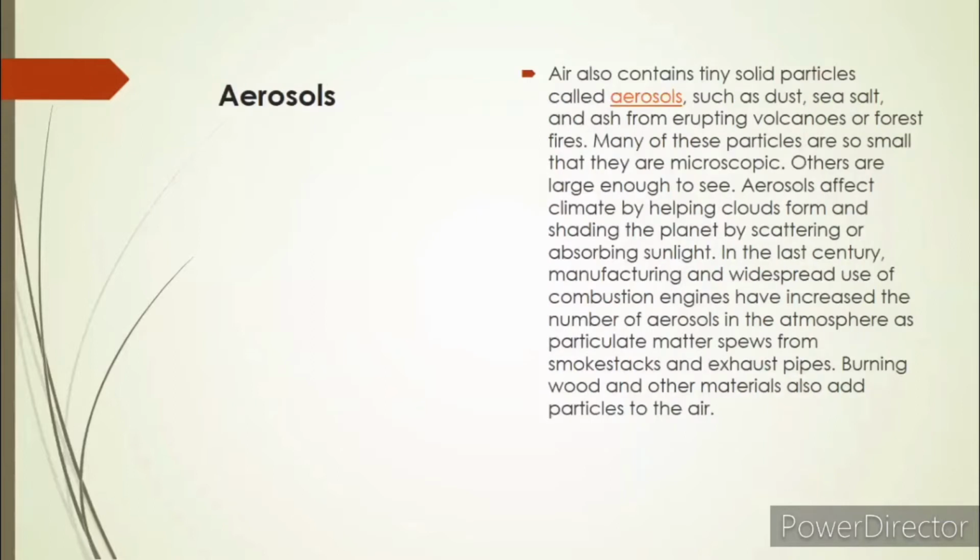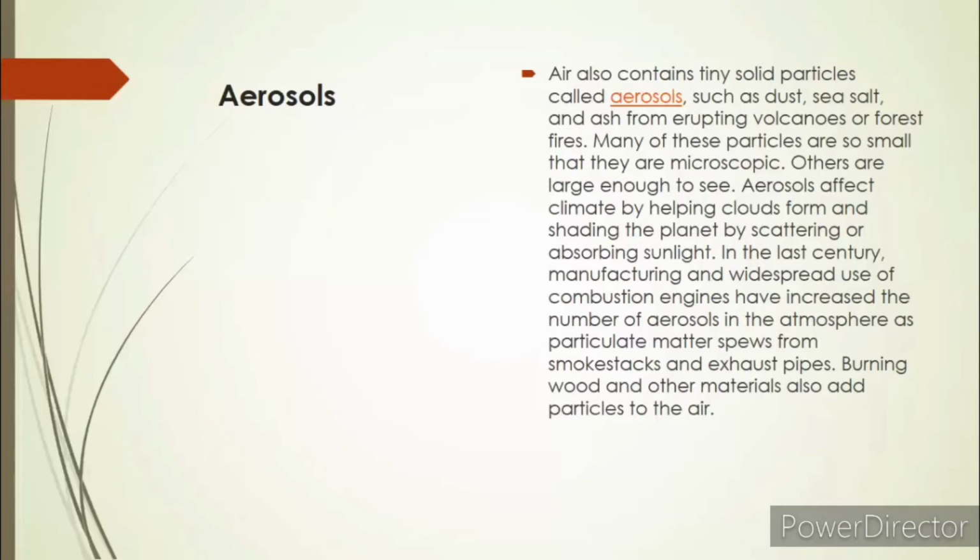Aerosol. Air also contains tiny solid particles called aerosol, such as dust, sea salt, and ash from erupting volcanoes or forest fires. Many of these particles are so small that they are microscopic. Others are large enough to see. Aerosols affect climate by helping clouds form and shading the planet by scattering or absorbing sunlight.